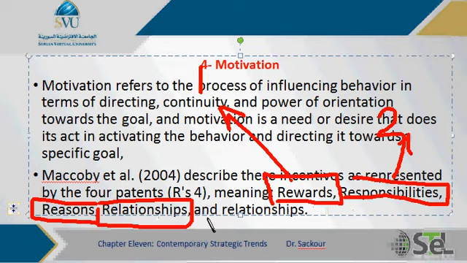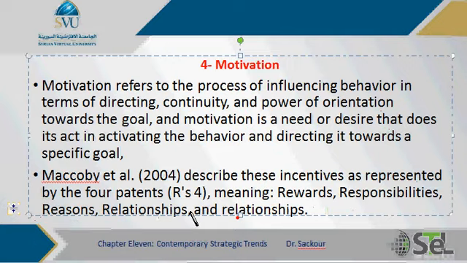So we have four R's only: rewards, responsibilities, reasons, and relationships. The four factors and elements together are suggested by Maccabee et al. in 2004, which can give incentives, okay? Right.